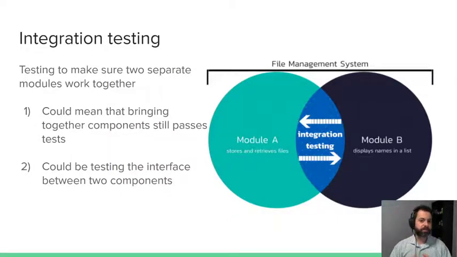Does bringing all these pieces together still make our requirements pass? Are they all satisfied? Or, again, by bringing in person C's module, does that break everything? Because maybe they're calling a function that we don't know about, or they're using modules or libraries that we don't have. So basically, you're just bringing pieces together, making sure they all work.